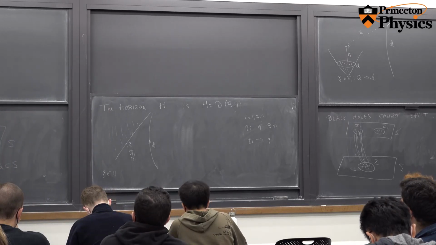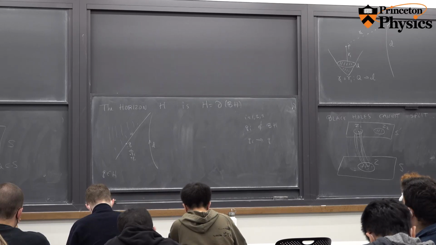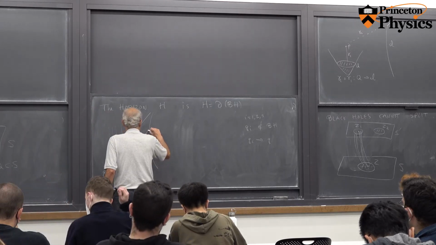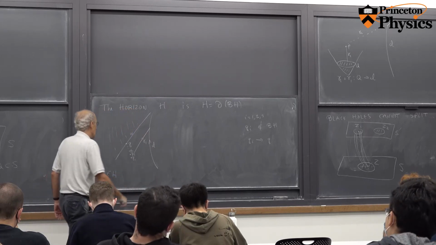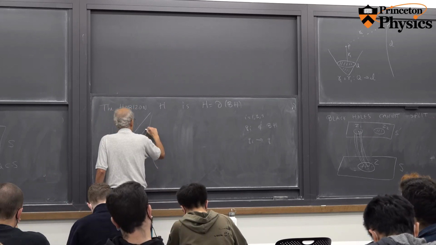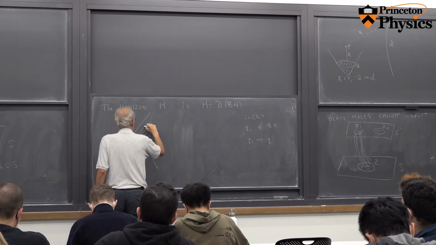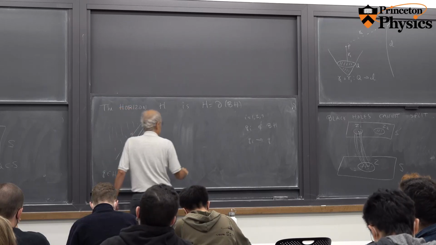Now, by definition, the fact that the Qi are not in the black hole region means that from the Qi you can communicate with the observer at infinity. So there's a causal path gamma 1 from Q1, and there's a causal path gamma 2 from Q2, and a causal path gamma 3 from Q3, and so on.